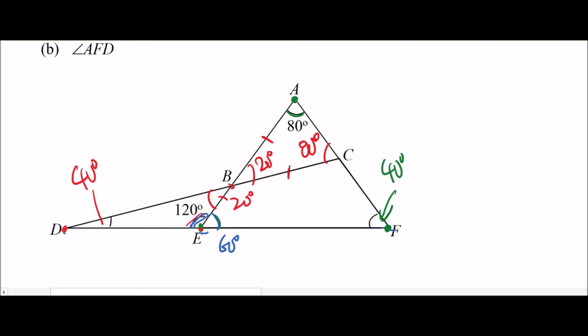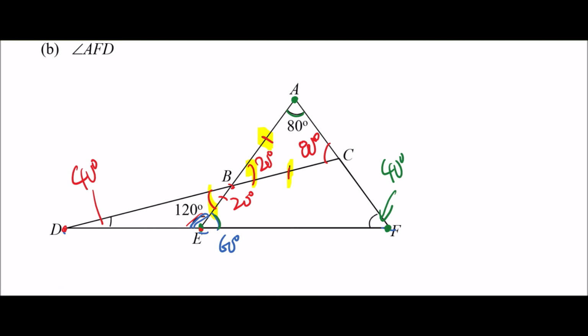Okay, if I'm moving too fast, just pause and try it on your own. Try thinking through the process on your own and check with my answers. Okay, so basically we have just used three properties over here. We have isosceles triangle. We have used vertically opposite angles over here. We have used sum of interior angles in a triangle.